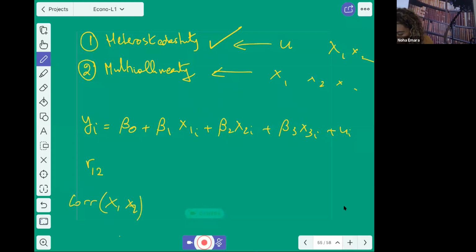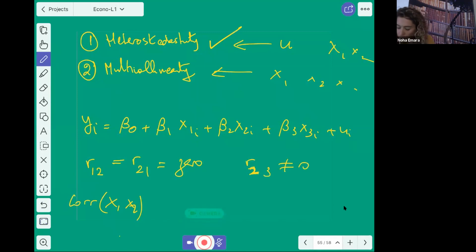I'm going to just write it this way, R12 is equal to, again, the correlation between 2 and 1, which is the same, right? Is equal to 0. However, the correlation between R2 and R3 is not equal to 0.